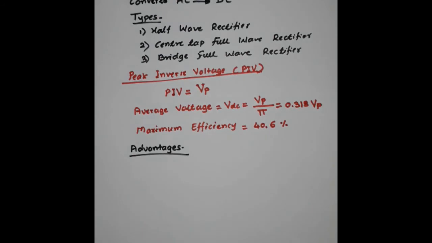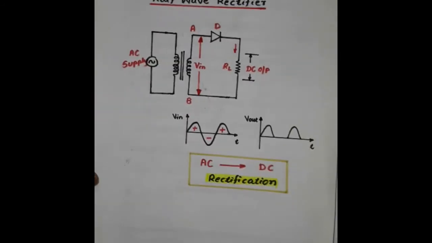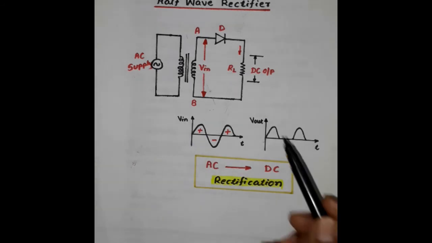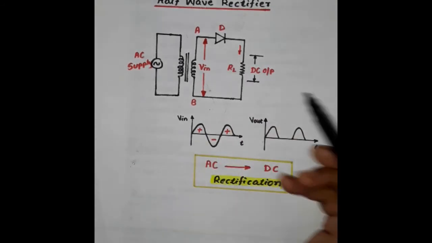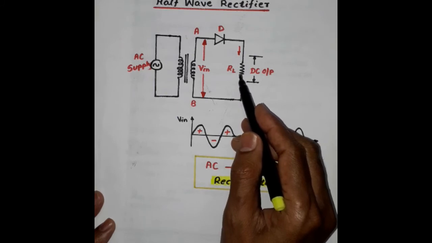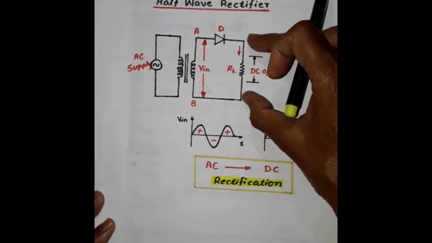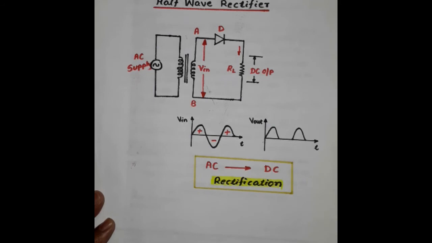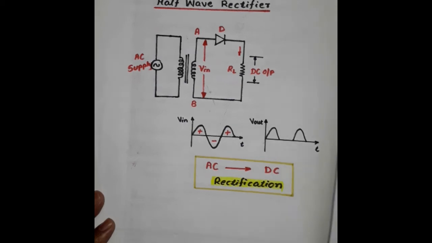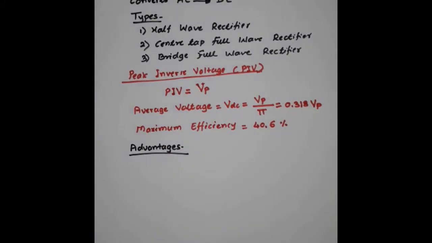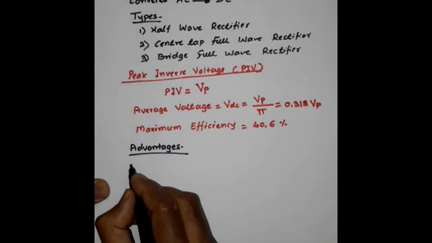If we see the circuit diagram of half wave rectifier, since there is only one diode and here is the load resistance across which we will get the output voltage, we can say that the circuit is very simple. Also its cost is low, and that's why we can construct it easily. So these are the advantages of half wave rectifier.